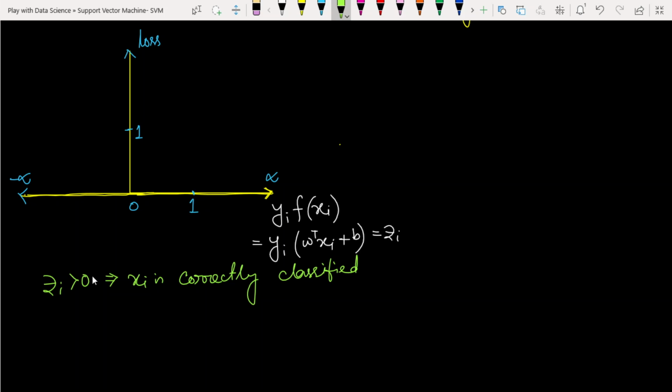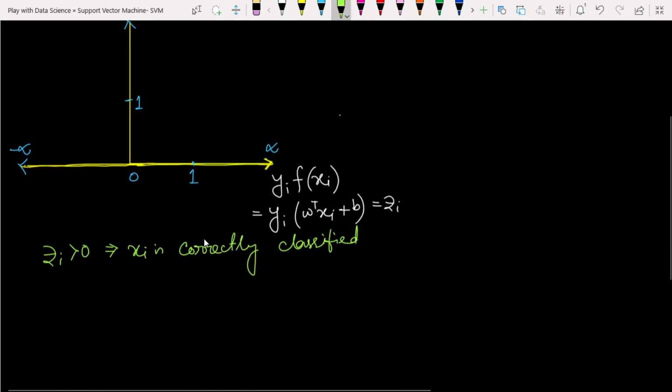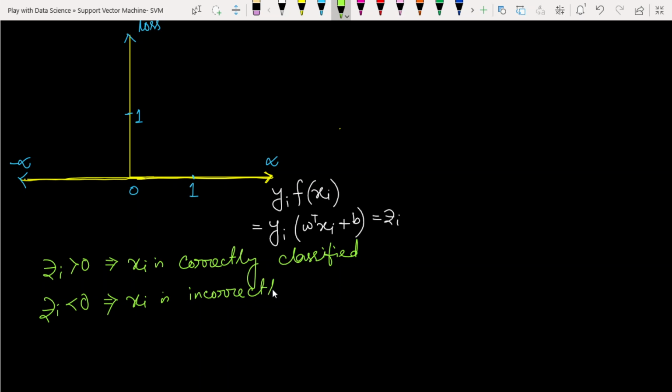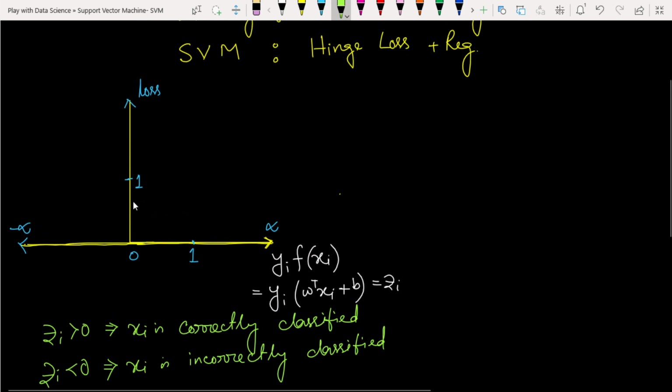Everywhere, in logistic regression, SVM and linear regression, we have seen that if zeta is greater than 0, then our data point is correctly classified. Similarly, if zeta is less than 0, then our data point xi is incorrectly classified.